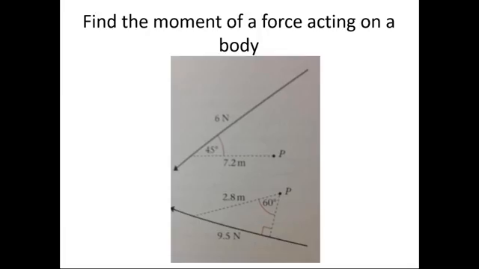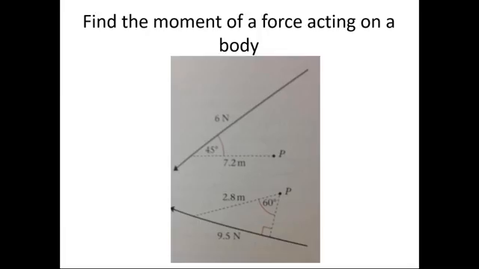So if we apply a force here of 10 newtons, now we don't multiply by 8. We have to take that force, keep it going, and find the perpendicular distance that the force is away from the object. Using the angle, the opposite and the hypotenuse, this will be 8 sine 45.